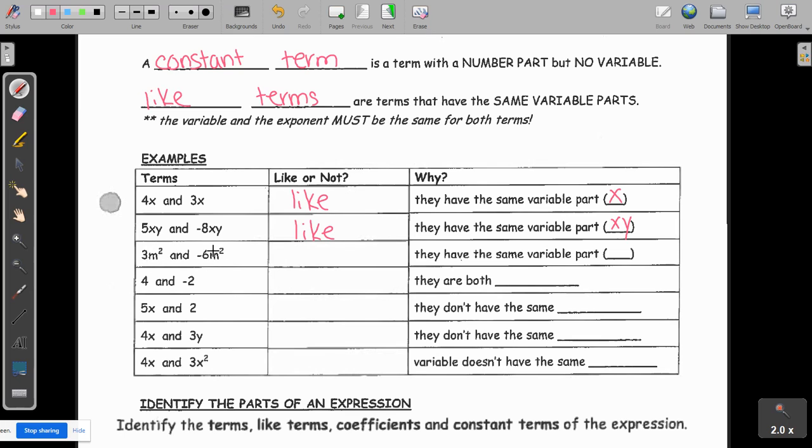We have the variable m, and it's raised to the second power for both of them, so they are considered like terms. And they have m squared. Now let's look at 4 and negative 2. Both of these numbers are constants. So if they are both constants, they are considered like terms.